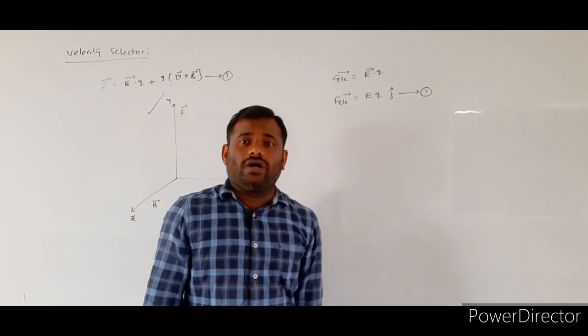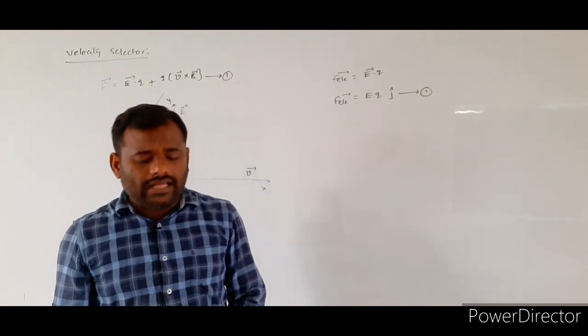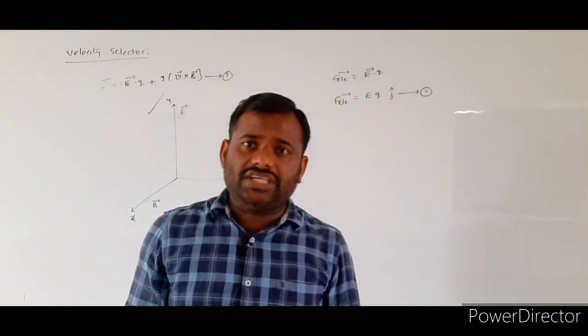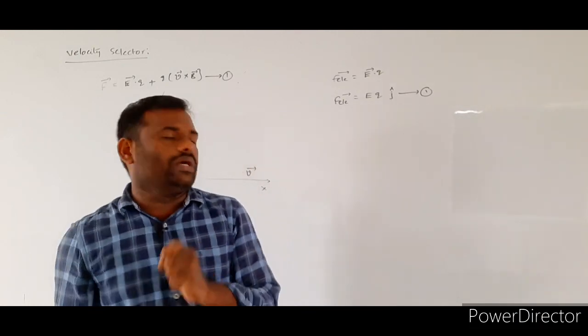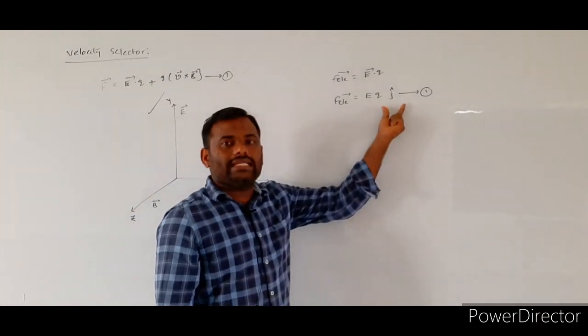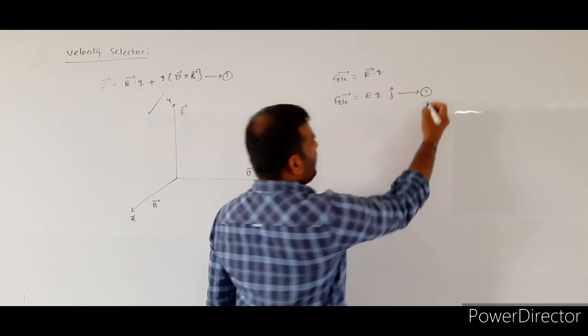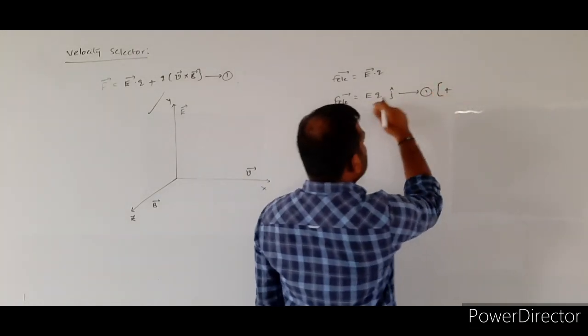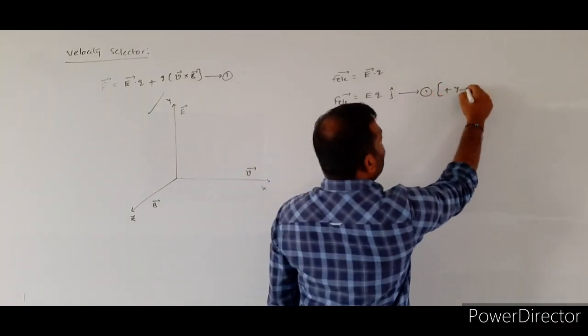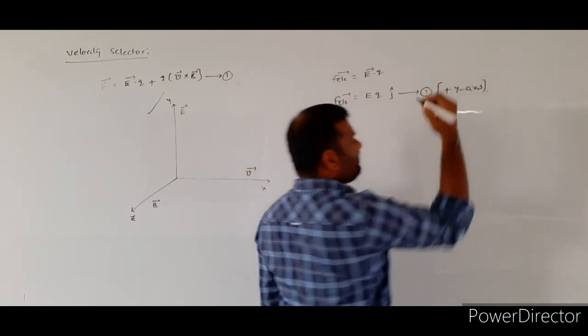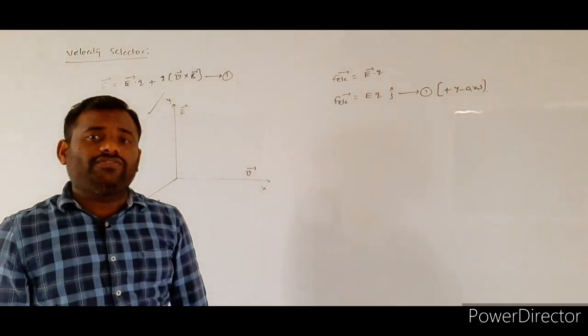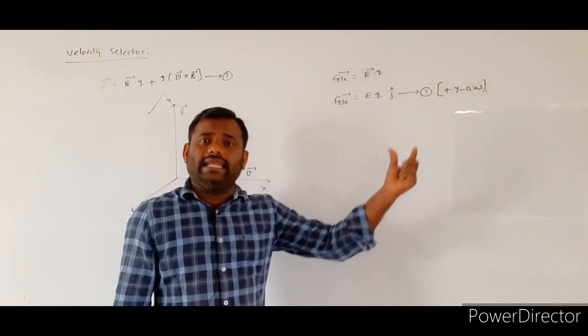J cap is a unit vector representing the direction of a given vector quantity. So the force is also acting along the positive y-axis. So I found the direction of the force exerted by the electric field.